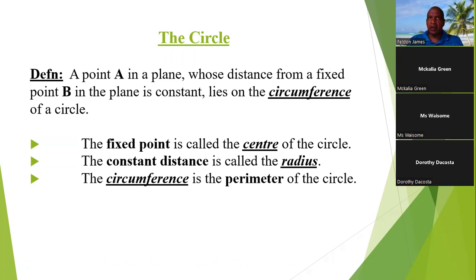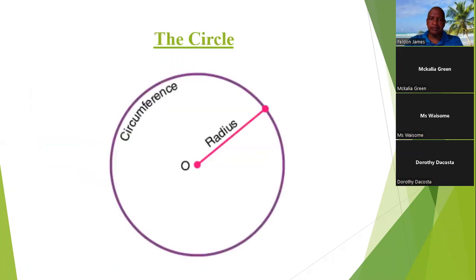And that radius, once it is moved around the circle, is going to be landing on the circumference as it goes around. So the circumference is the perimeter of a circle, as I mentioned before.